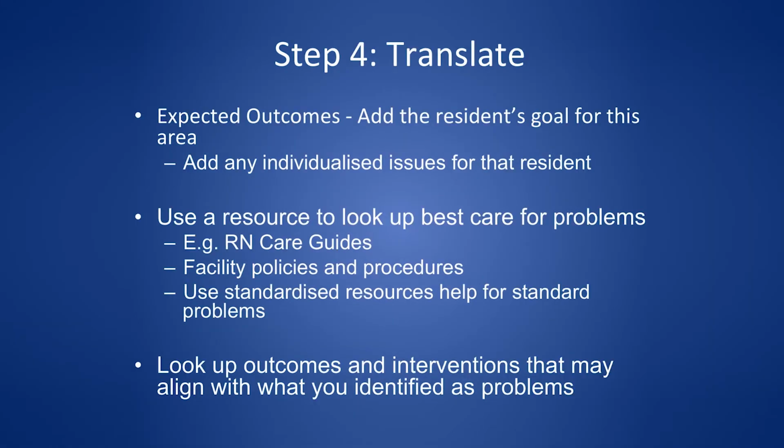So then you've got to translate it. And what is the resident's goal for this area? Now this is one of those tension marks as well in residential aged care. We want to get the goals of the resident, yes. And we also know that at least 50% of residents have some form of cognitive impairment, and often it's 60 or 70% of the residents.